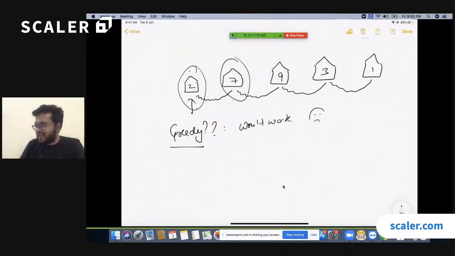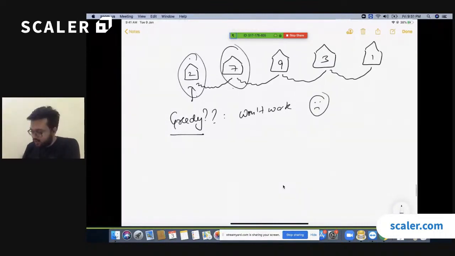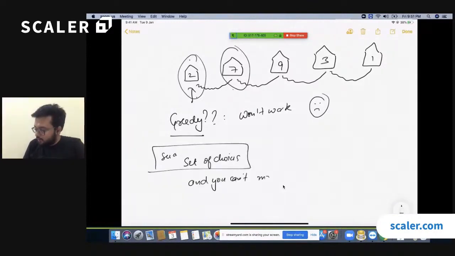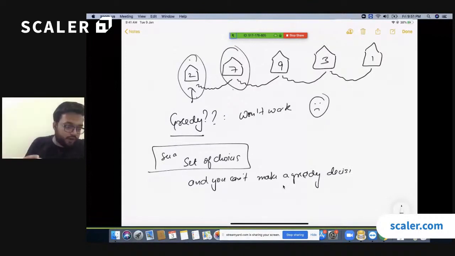That may make us a bit unhappy. Let me define the problem again: whenever you see a set of choices and you cannot make a greedy decision, greedy solutions won't work.